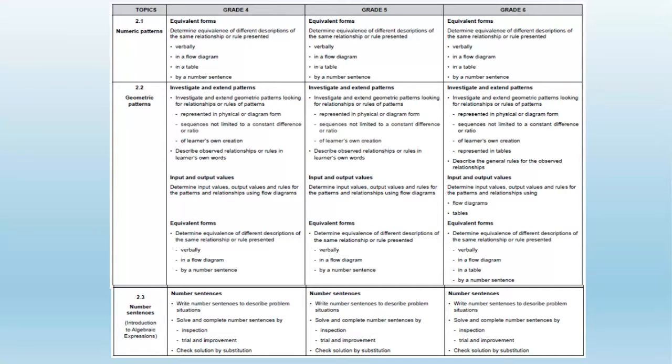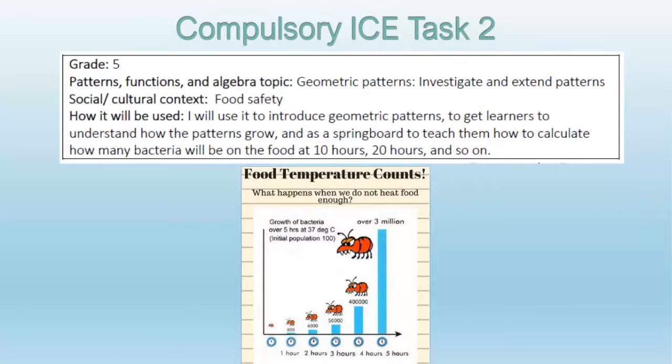All right, so let's look at the example that is given to you in your POE. They say they've chosen grade 5, that is your grade that you have to use. In the patterns, functions, and algebra content area, they have chosen the topic geometric patterns, investigate and extend patterns.